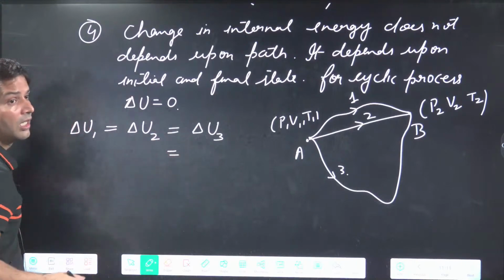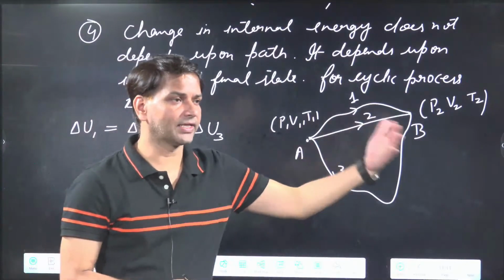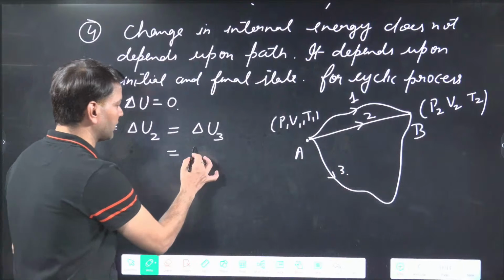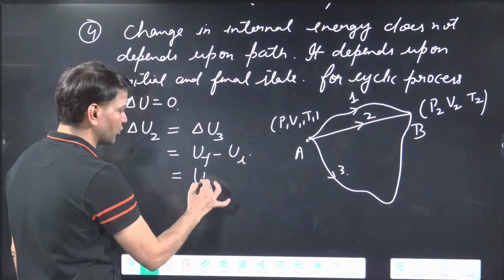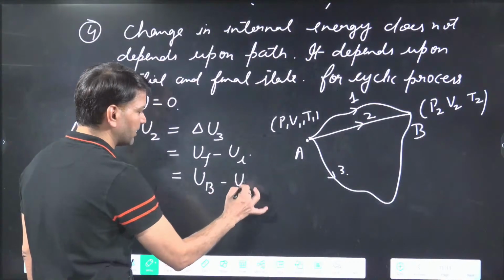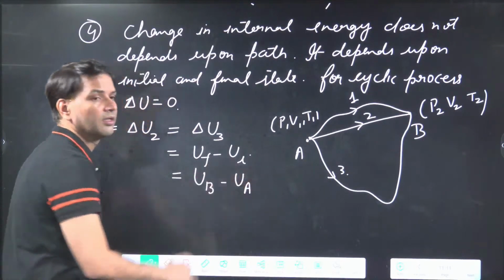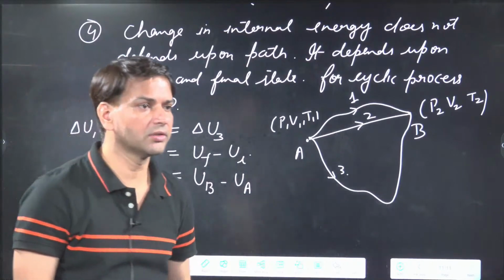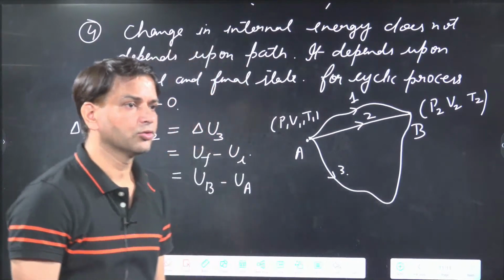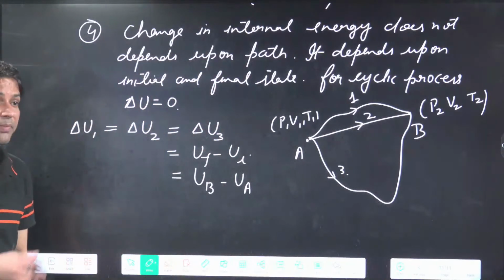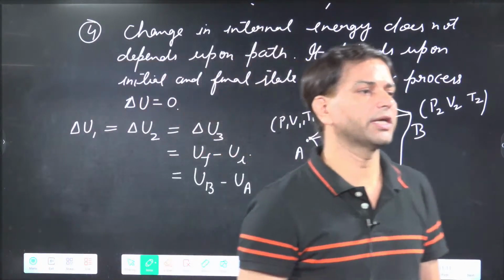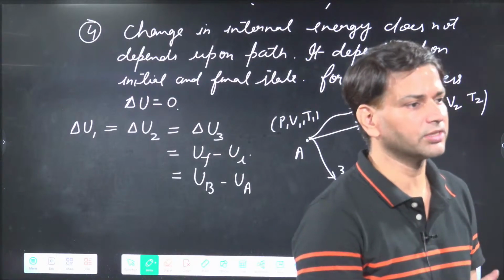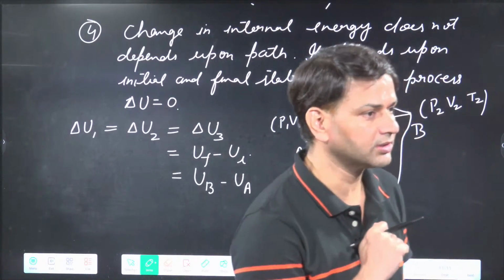Delta U means final minus initial, UF minus UI. The final state is B, so it is internal energy at B minus internal energy at A. Understood? Work will be different, heat will be different, but the change in internal energy will be equal for all, because the initial state for all the processes is A and the final state is B.